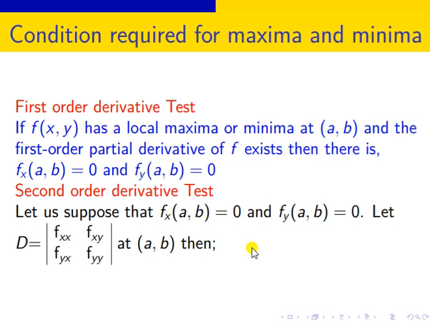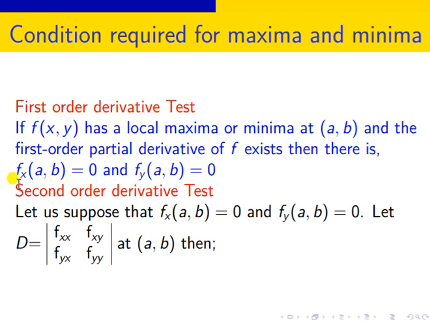The conditions required for the maximum and the minimum of the function: there are two tests. First is the first order derivative test. If f of x y has a local maxima or minima at a b, and the first order partial derivatives of f exist, then f x of a b should be equal to 0, and f y of a b equal to 0.